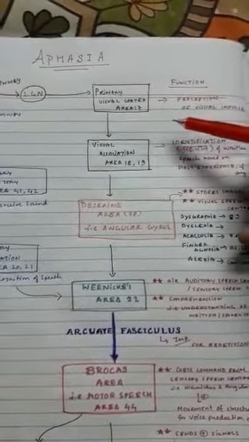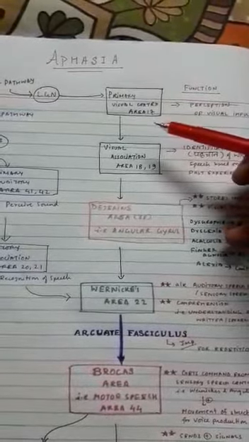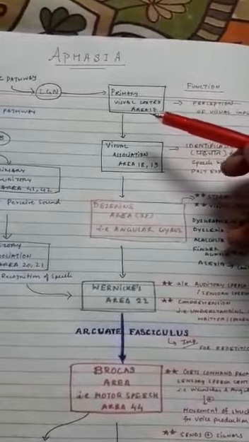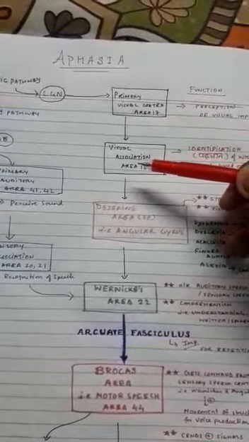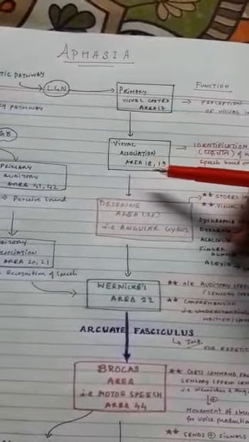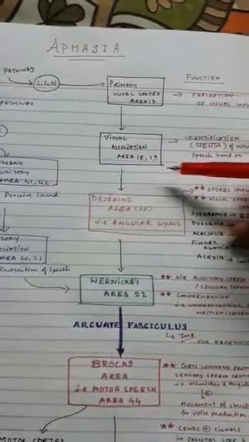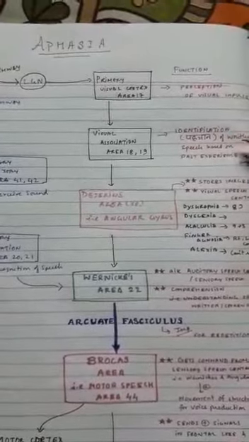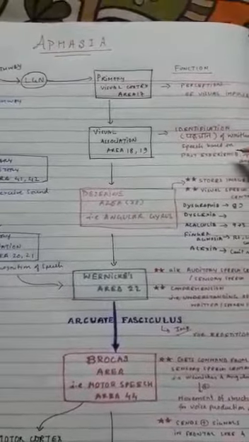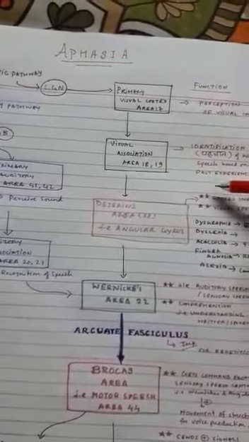When the visual impulse is perceived, it passes to the visual association area 18-19, and there occurs the identification of that written speech based on past experience, if any.